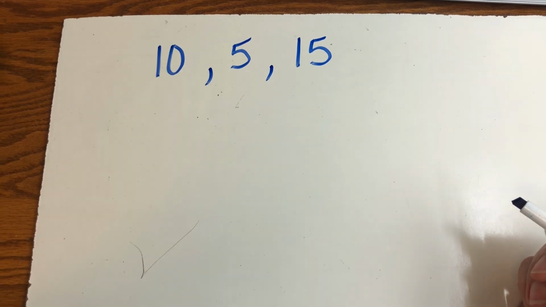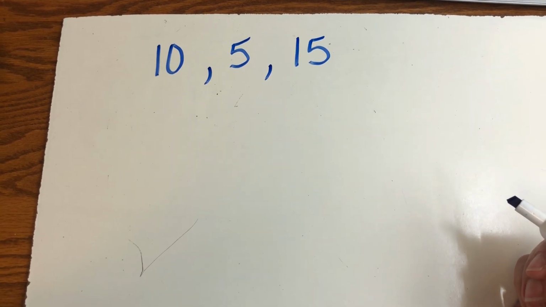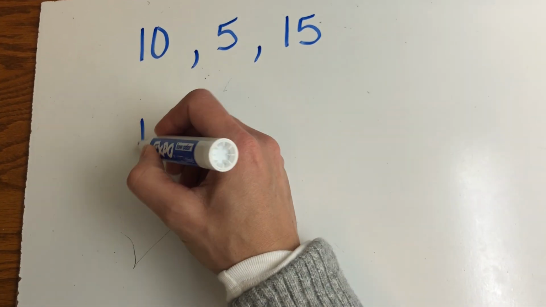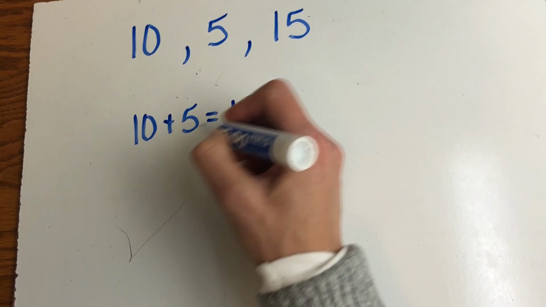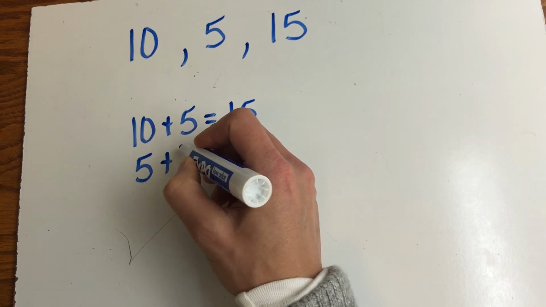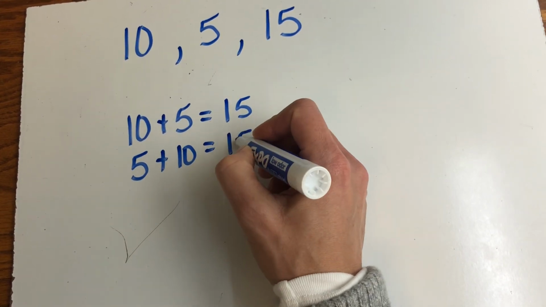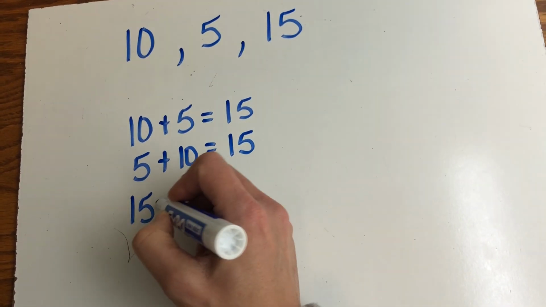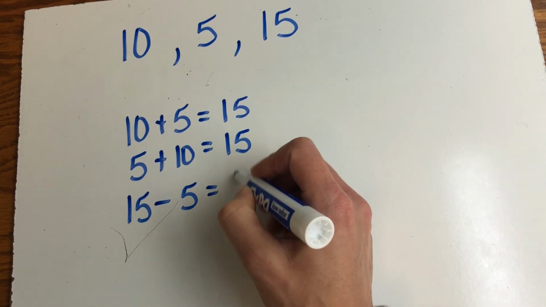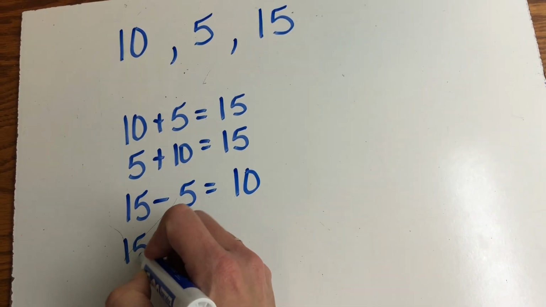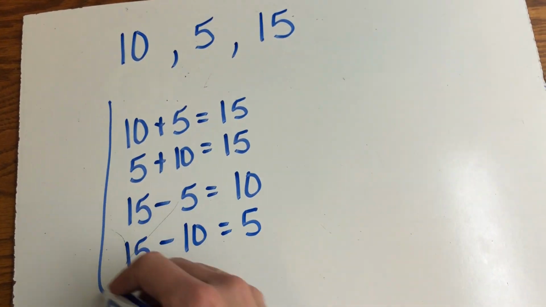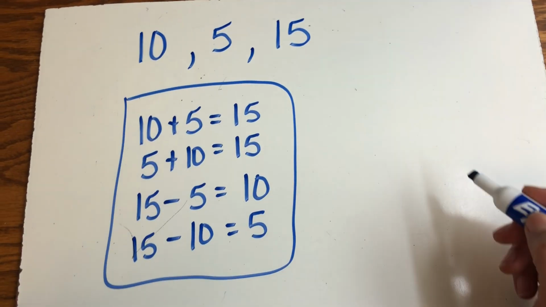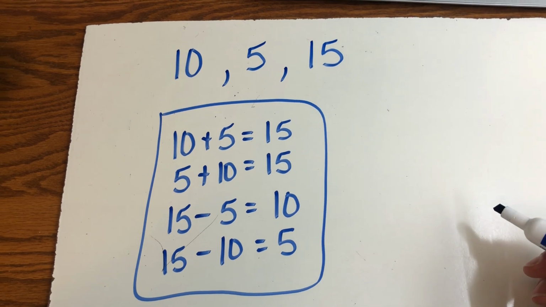Please put those 3 numbers into a fact family. It should look something like that.